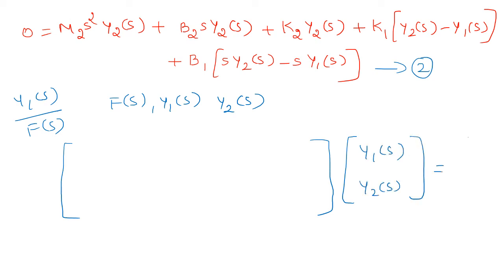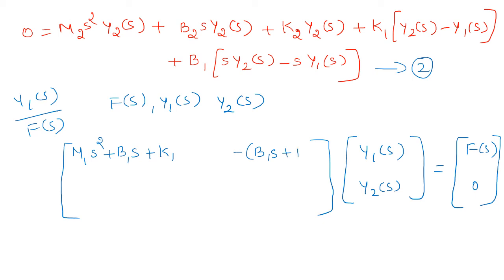If we consider equation 1, our left hand side is F of s. If we consider the second equation, our left hand side is 0. So we will fill the remaining parameters now. In equation 1, we have M1 s square plus B1 s plus K1 into Y1 of s, and for Y2 it is minus B1 s plus K1.